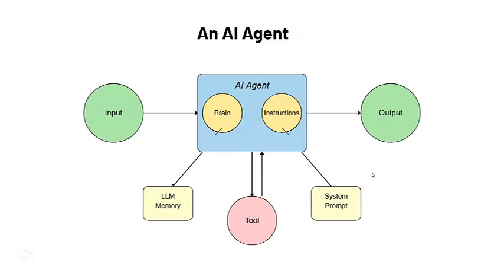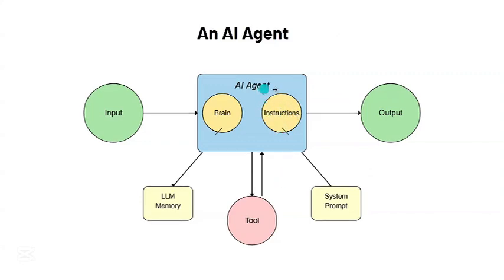So the agents also have, like us, a brain, which we can explain as the large language model. You all know about large language models now, like ChatGPT, and there are a lot of large language models like Gemini, Claude, and instructions.